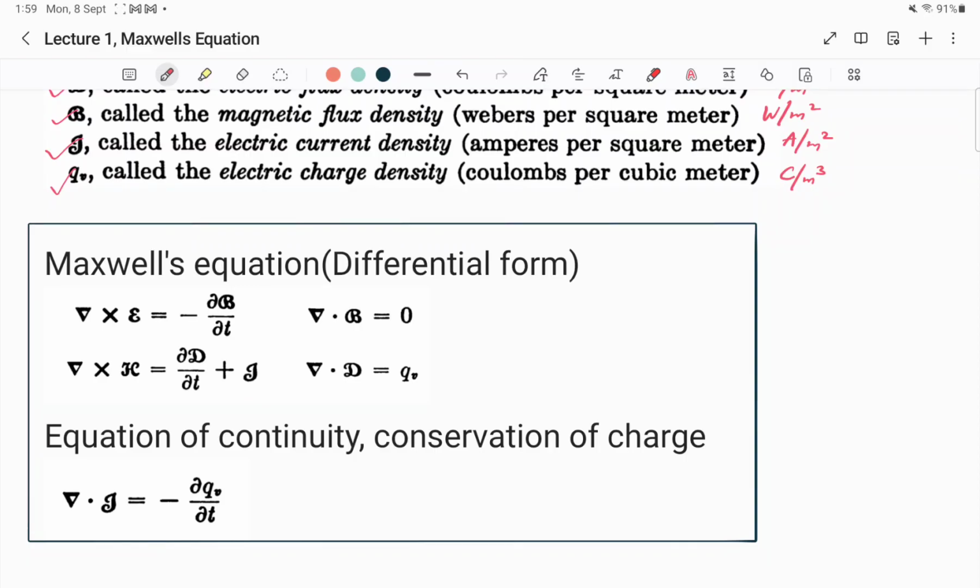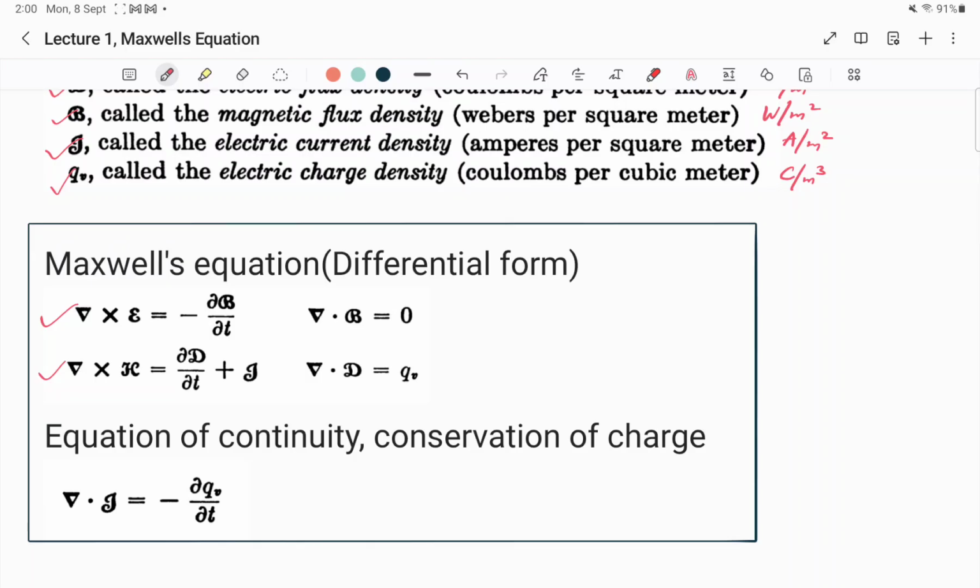This particular equation is also known as Faraday's law or Maxwell-Faraday law, which tells us that the curl of electric field is the negative time derivative of the magnetic flux density B. This particular equation is also known as Ampere's law or Ampere's circuit law.